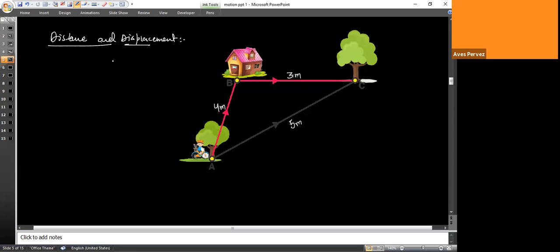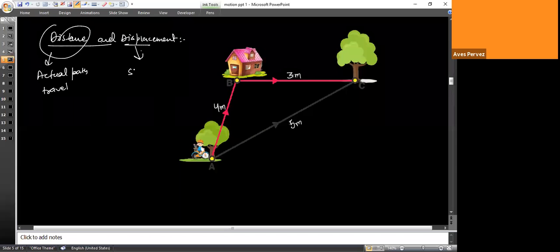They are very important. Distance gives us the actual path traveled, and displacement is the shortest path between two points, the initial and the final position.